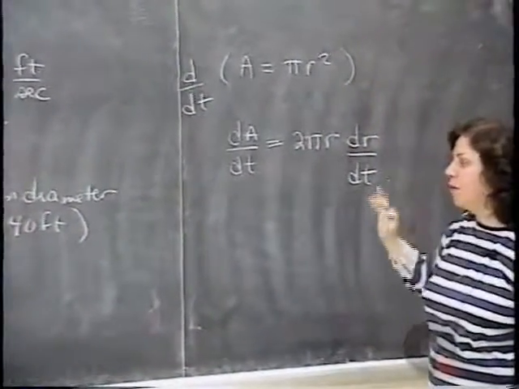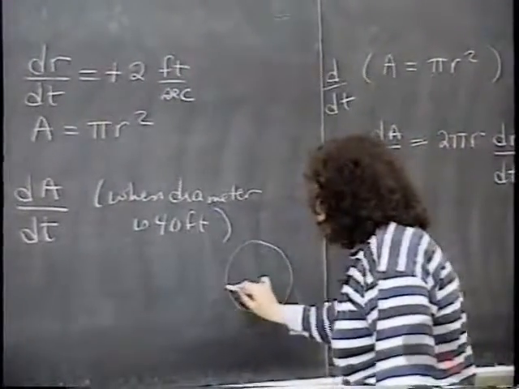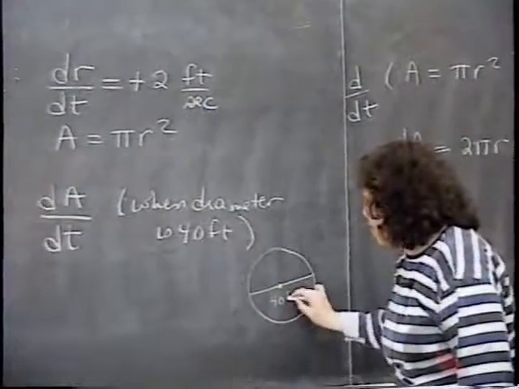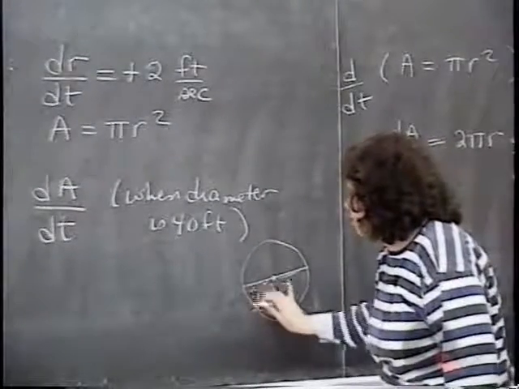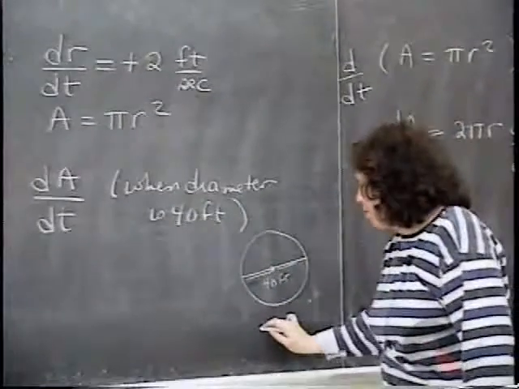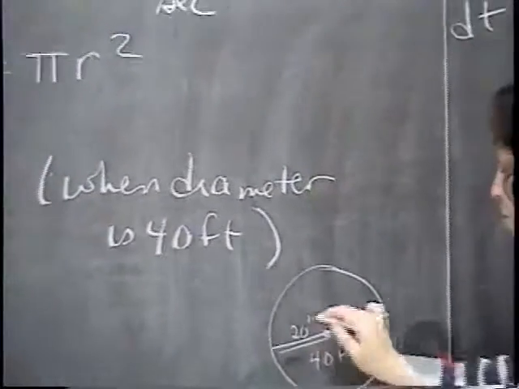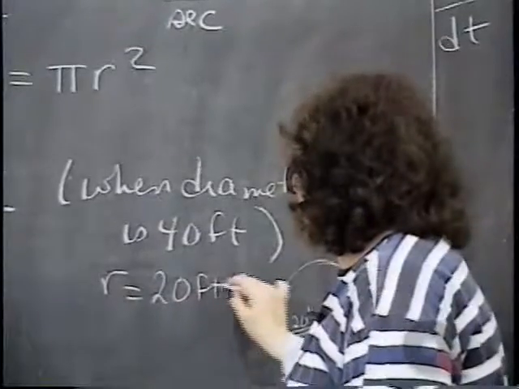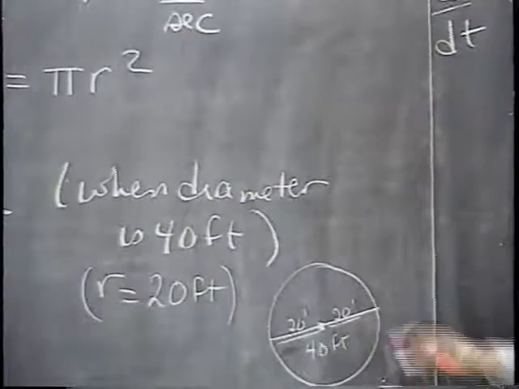However, at this particular moment, we're interested when the diameter of the spill is 40 feet. If the diameter is 40 feet, then the radius is half the diameter, so the radius must be 20 feet.